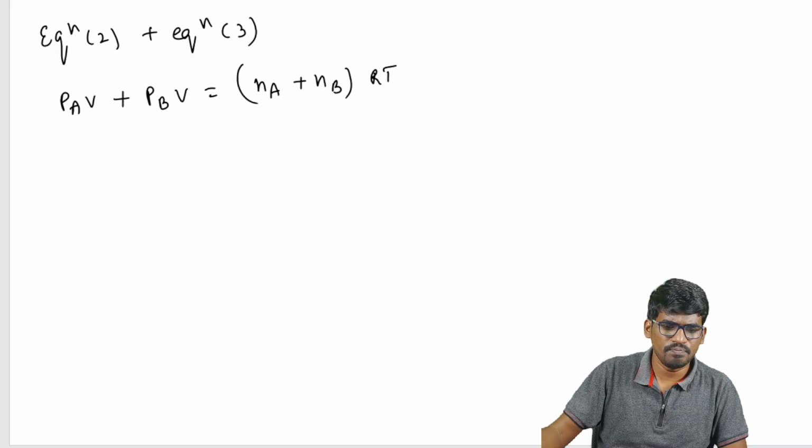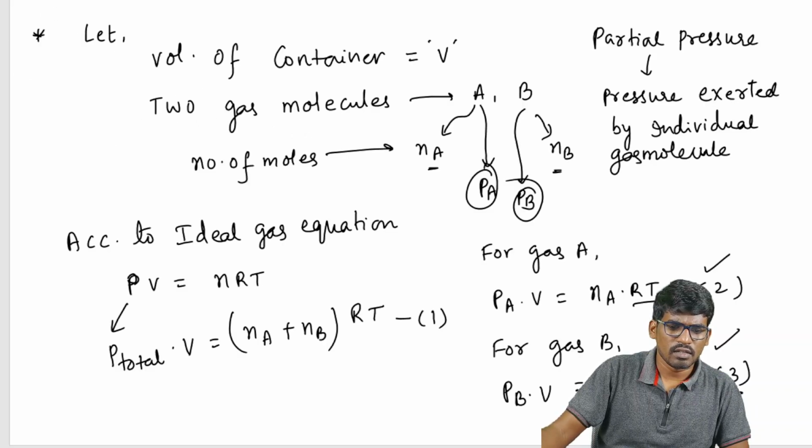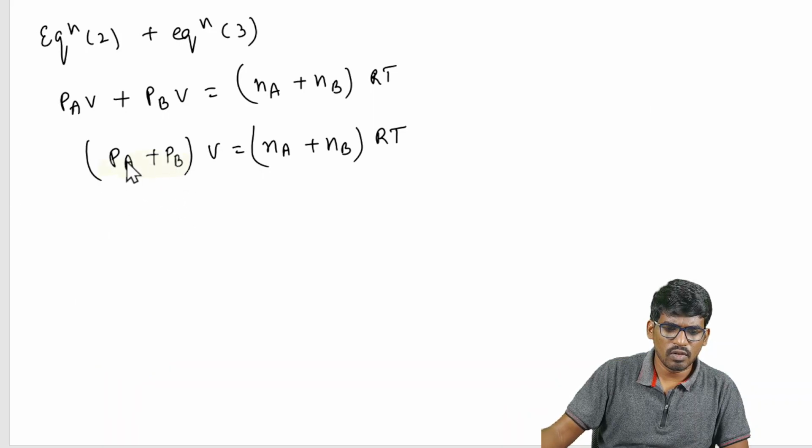Then PA plus PB times volume V is equal to Na plus Nb times RT. Now compare it with equation 1. This is P total, which in turn is equal to PA plus PB. Let us consider it as equation 4.